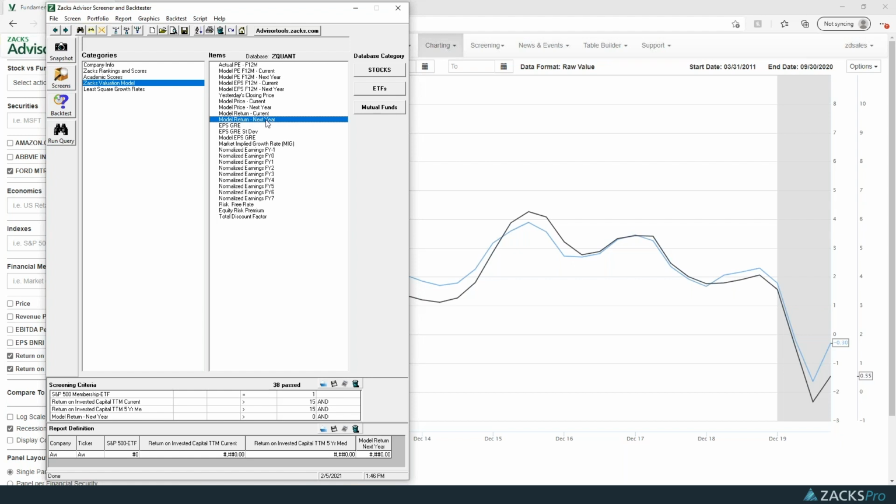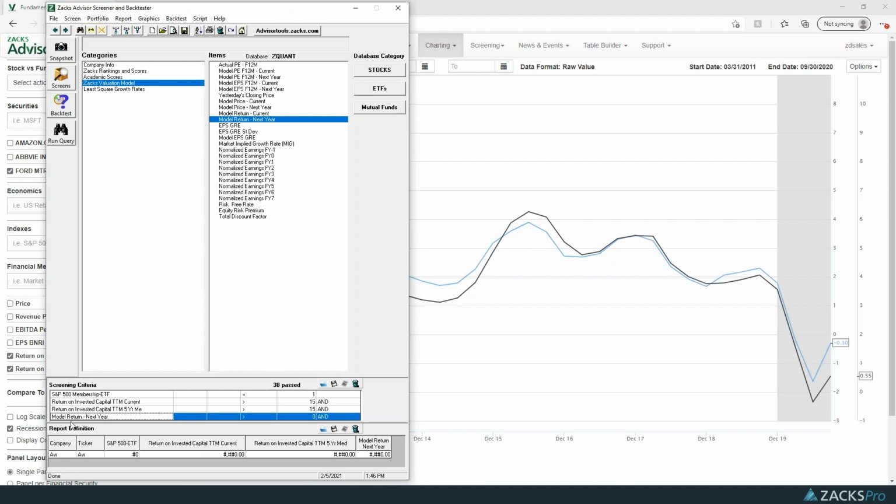So as a sort of conservative point of view, I like to use that one and say this number has to be greater than 0. So what that's basically doing is we're trying to find companies that trade at a discount to its 1-year out future expected intrinsic value.